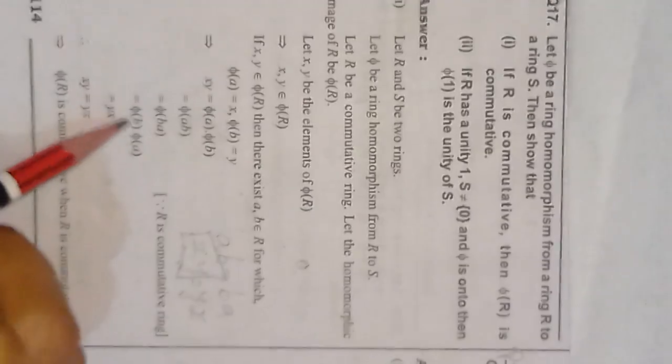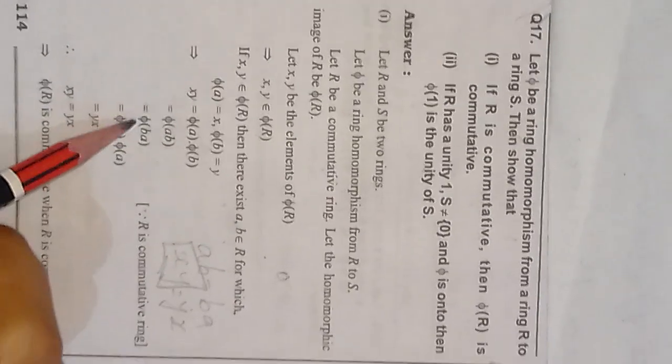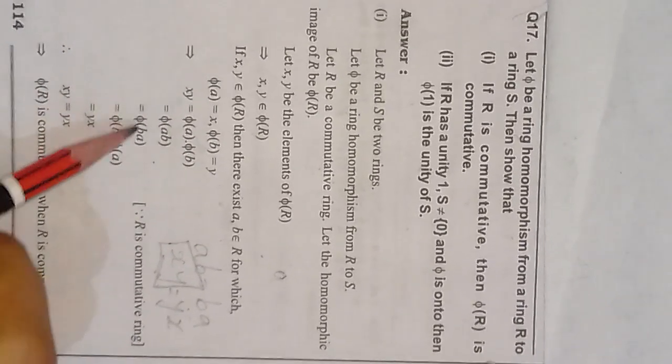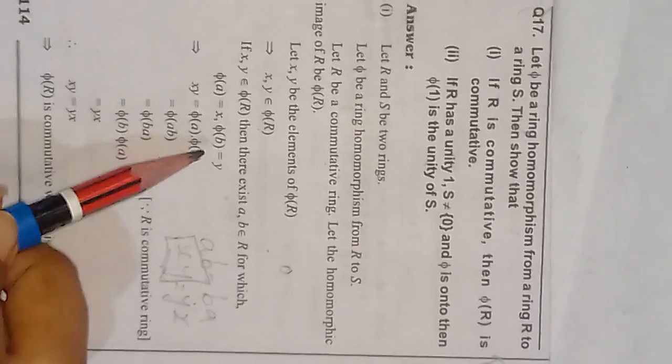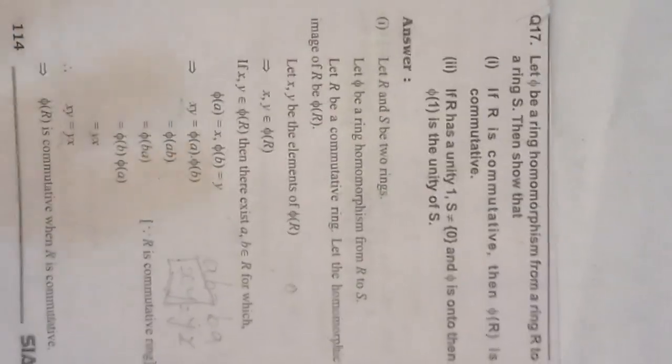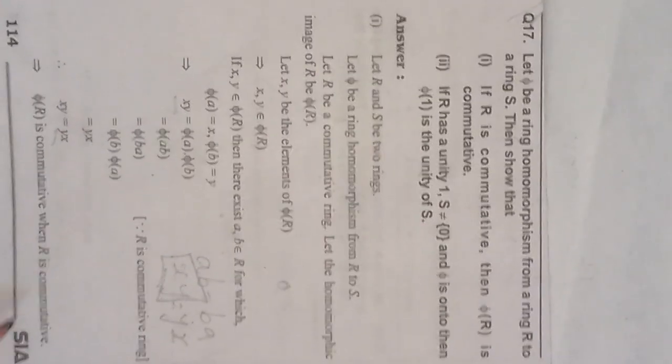In the next step, using the multiplication homomorphism, we write pi of BA as pi of B into pi of A. Pi of B is y and pi of A is x. Now you see XY equals YX, which means pi of R is commutative when R is commutative.